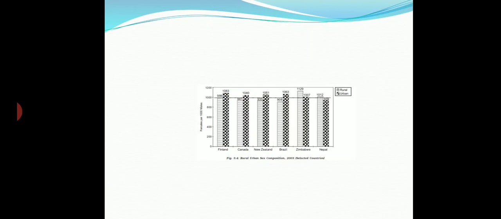Zimbabwe and Nepal. So, point to be noted, Canada and West European countries are developed countries. In Western countries, as we all know, males outnumber the females in rural areas, and females outnumber the males in urban areas. But in countries like Nepal, Pakistan and India, the case is opposite.